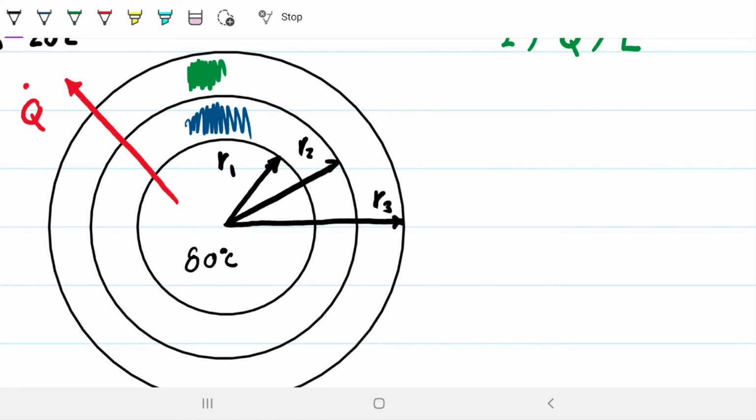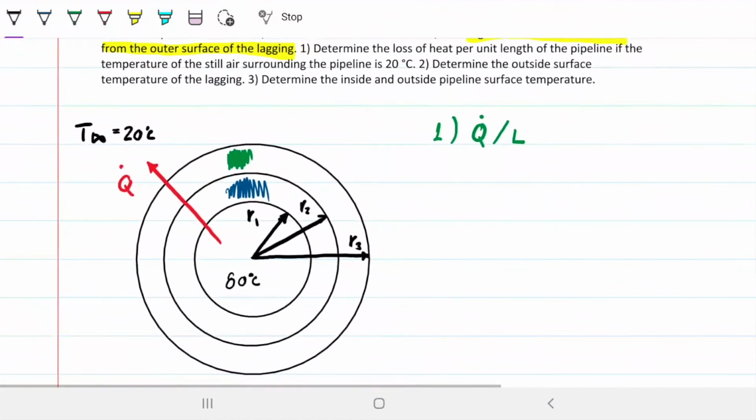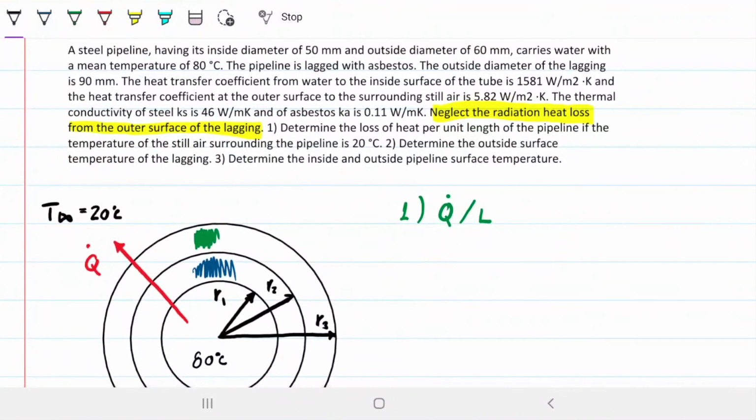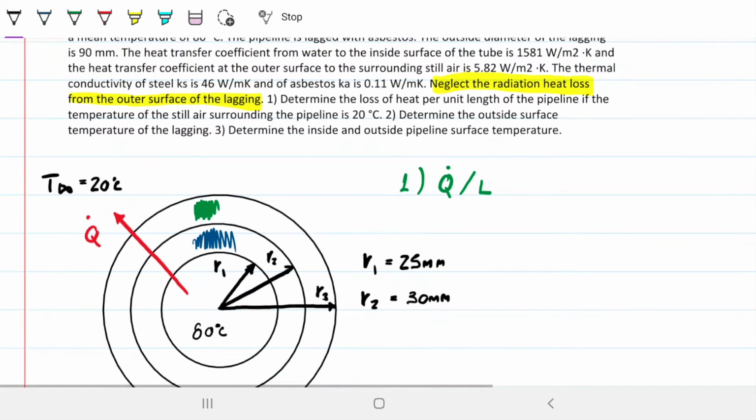We could have used the diameters too, but for the sake of being consistent with how we usually do things, I'm going to use the radii. The three radii are going to be 25, 30, and 45, so just half of the diameters given. This one here is 25 mils, this one is 30 mils, and this last one is 45 mils.